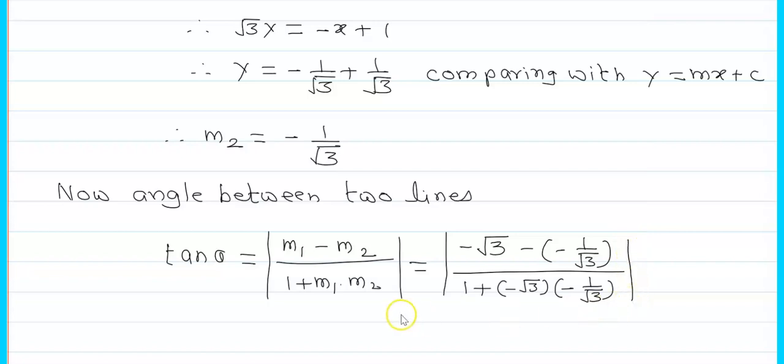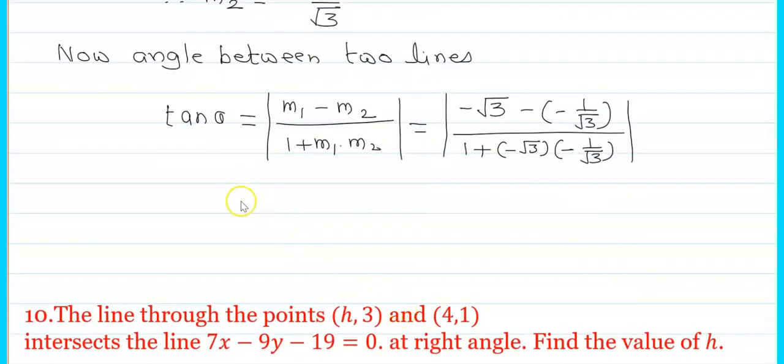Okay, now simplify this. Here you will get minus root 3 and this minus and minus will become plus 1 upon root 3. Again simplification, 1 plus this minus and minus will become plus root 3 into 1 upon root 3.